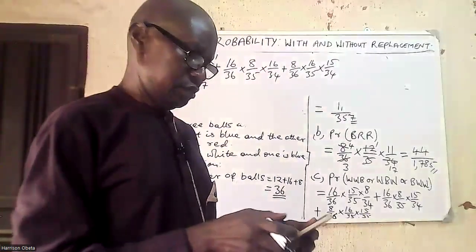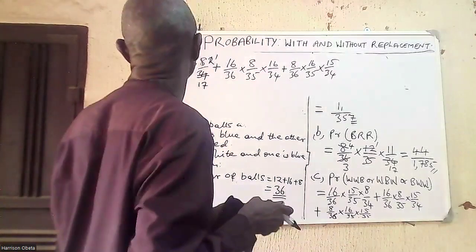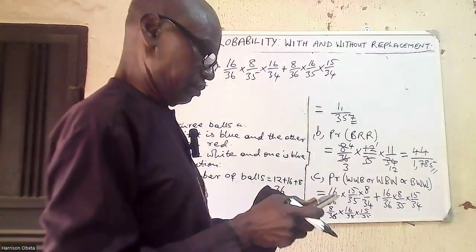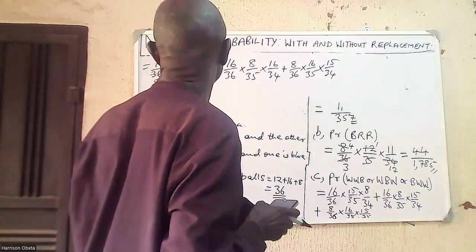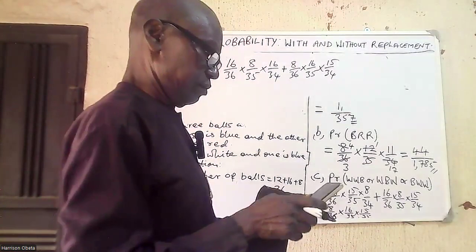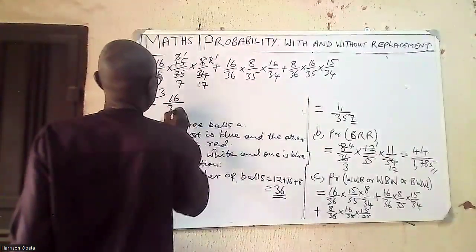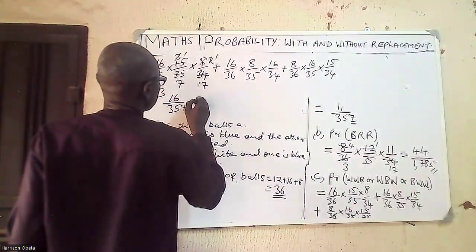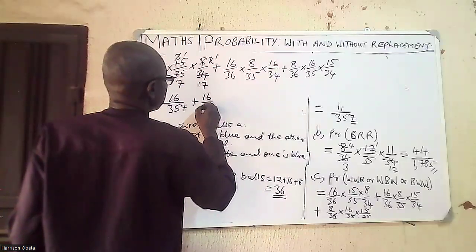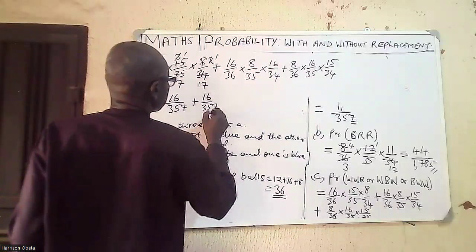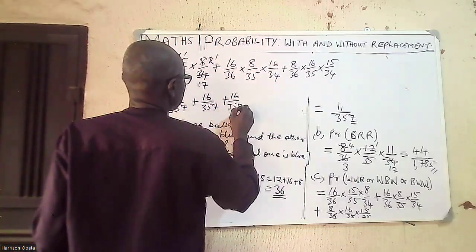Let's cross check. 16 over 357 plus 16 over 357 plus 16 over 357.